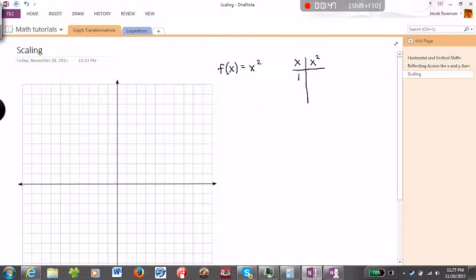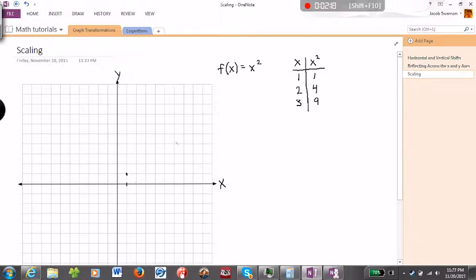So when x is 1, x squared will be 1. When x is 2, x squared will be 4. When x is 3, x squared will be 9, and so on and so forth. So let's plot these points on our xy coordinate plane here. When x is 1, right about here, x squared, or y, or f of x, will be 1.